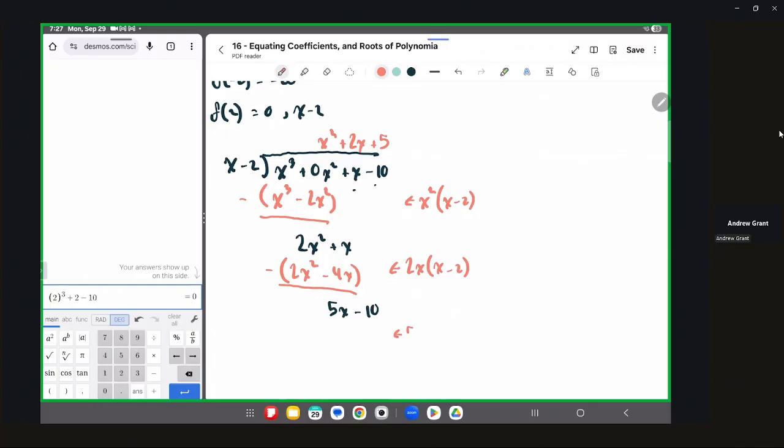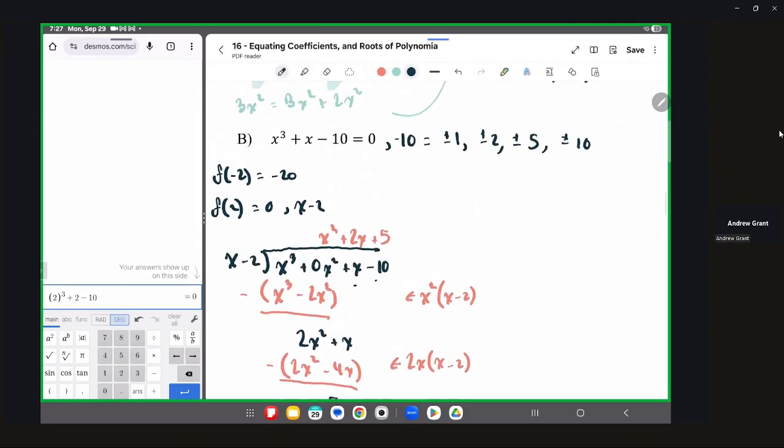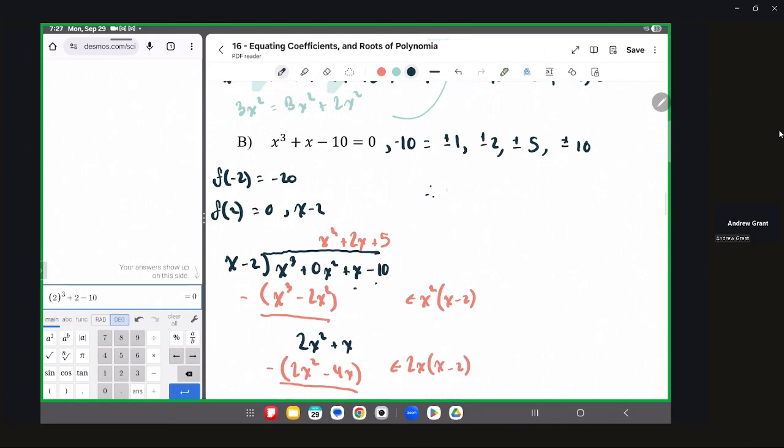So on this line, 5 times x minus 2 is going to give us 5x minus 10, which is going to give us 0. Okay, so therefore, we're trying to now solve 0 is equal to x minus 2 times x squared plus 2x plus 5.